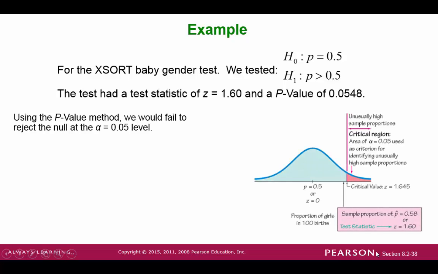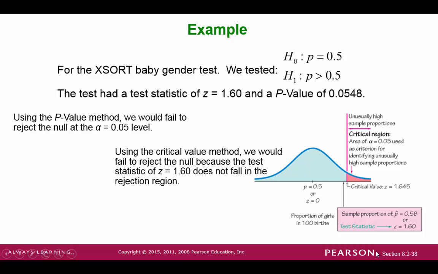If we were to use the critical value method, we'll see that the critical value is 1.645 and our test statistic is 1.6. So that does not go into the critical region. We are a little bit to the left of that. In either case, we would conclude that we fail to reject the null hypothesis.